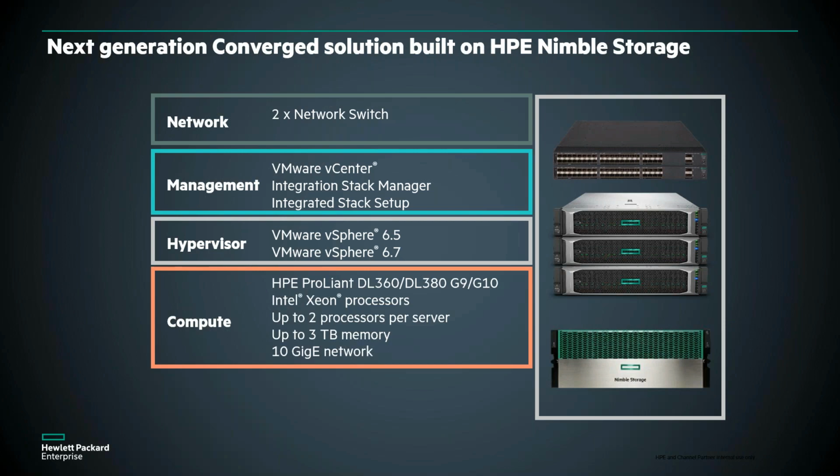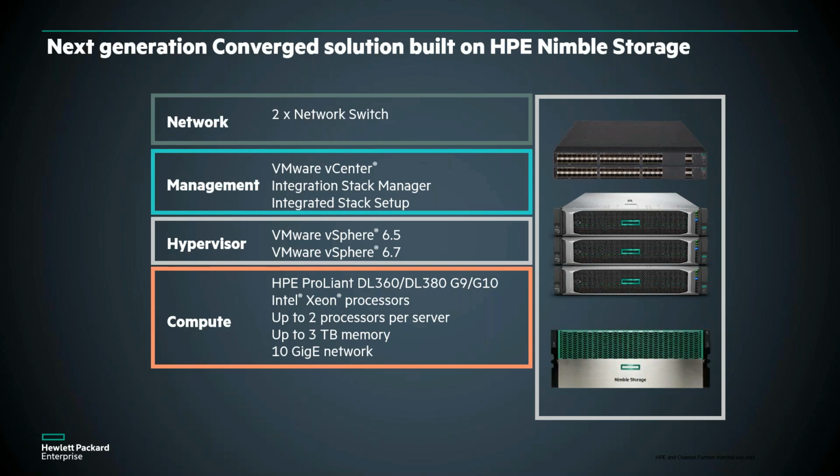Moving on to the compute itself, you can have either DL360 ProLiants or DL380, either Gen 9 or Gen 10. So if you, the customer, have already got a couple of ProLiant DL360 or DL380 Gen 9 or Gen 10 servers in your environment, you can then repurpose those to become part of a dHCI solution.